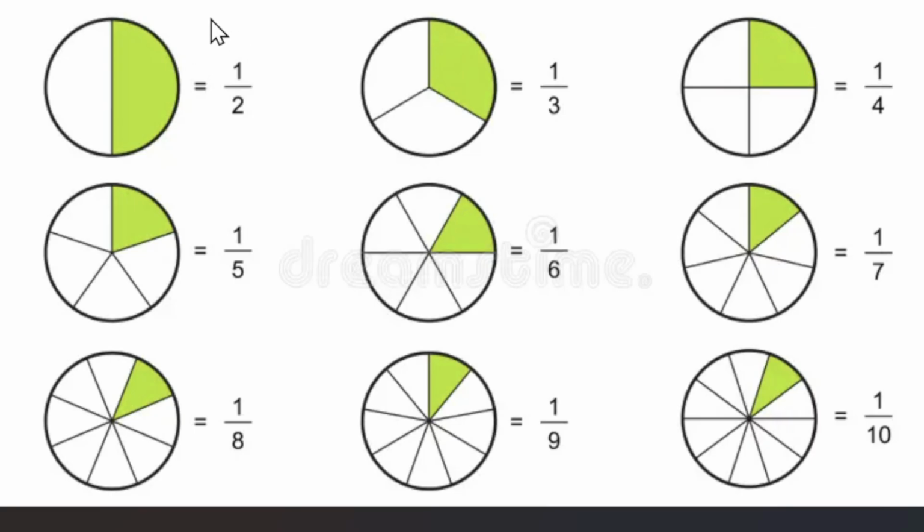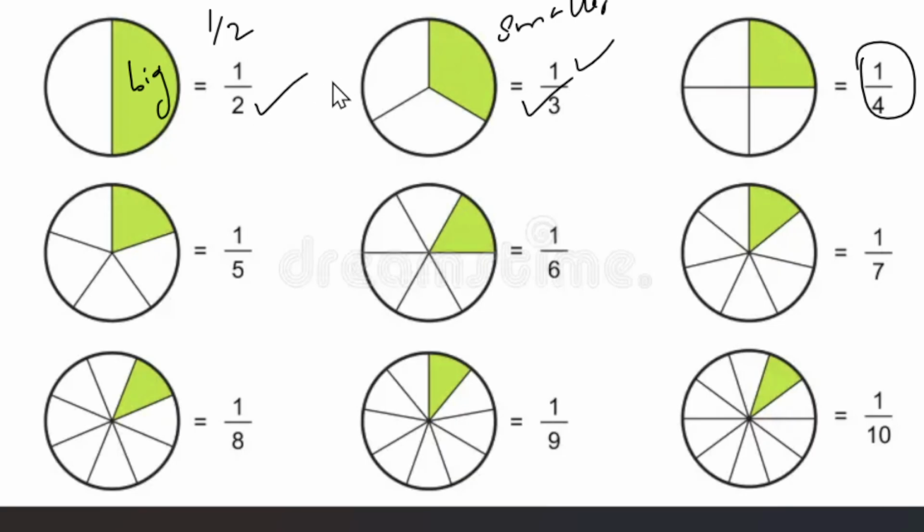So here we see this is half, and this one is 1 by 3. So the half is bigger and 1 by 3 is smaller when you compare to the half. In 1 by 2, you will get the exact half. So always this is the bigger fraction.